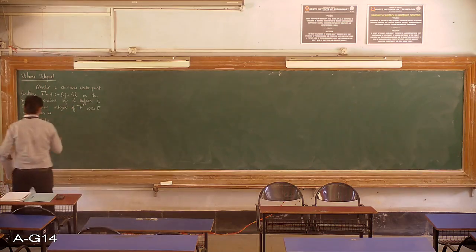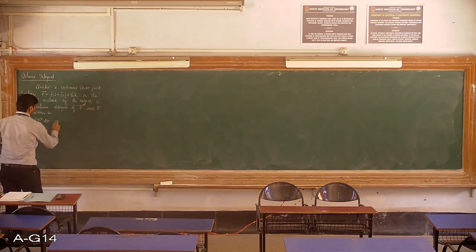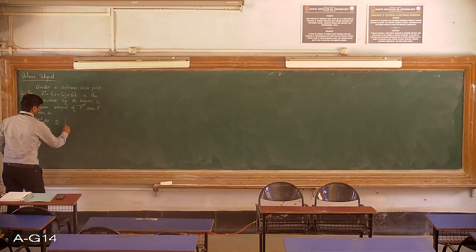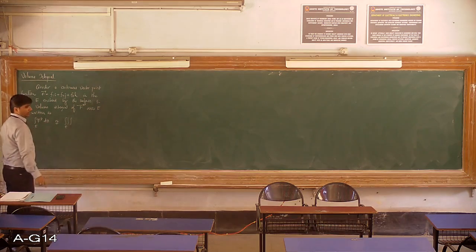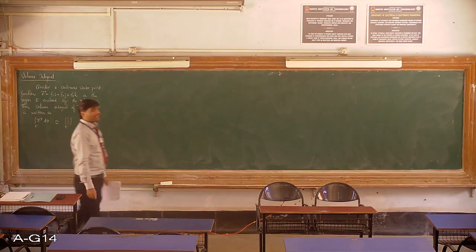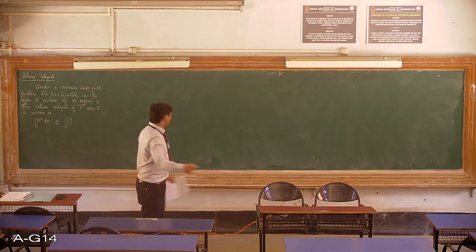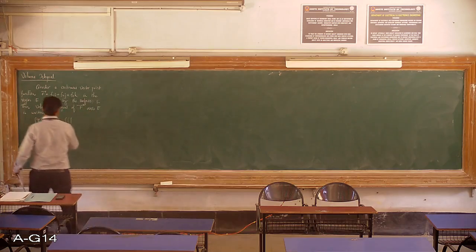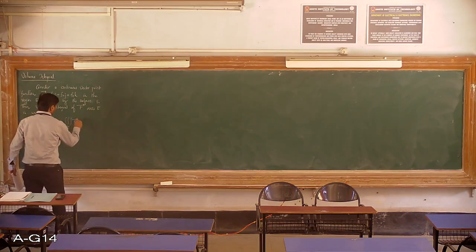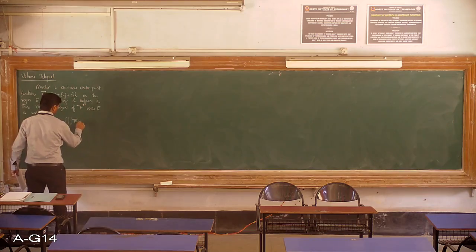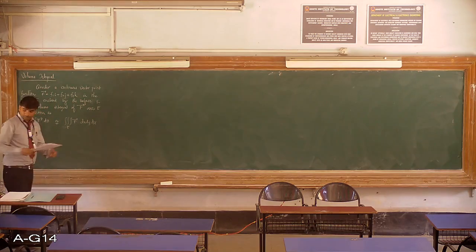So how will we write it? Volume means region E, so we need to write it as a triple integration. It will be bounded by the x, y and z axes. So that is the volume. So triple integration over the region E of F dx dy dz.